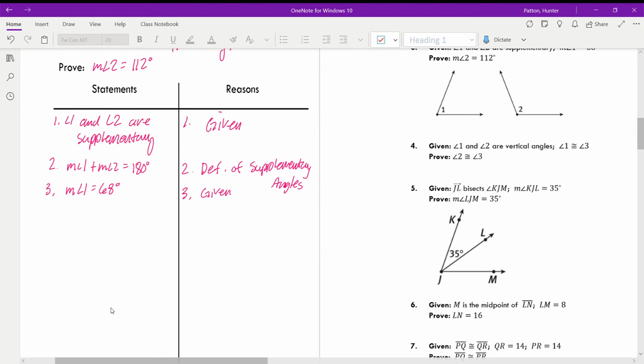So what if I take 68 and plug it in for the measure of angle 1 here, and then that will allow me to do some subtraction, and I'll be able to get the measure of angle 2. That's my plan here. My next step is to substitute 68 degrees for the measure of angle 1. So 68 plus the measure of angle 2 is equal to 180 degrees. And this is by substitution.